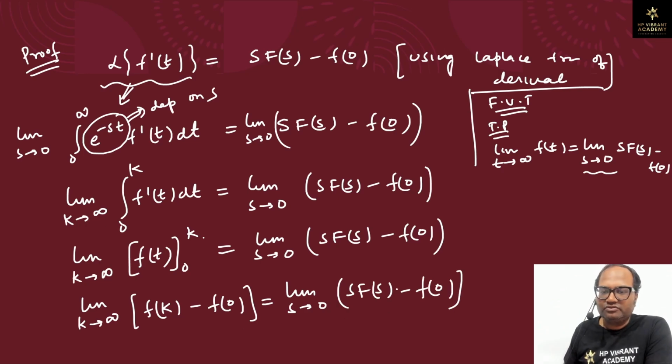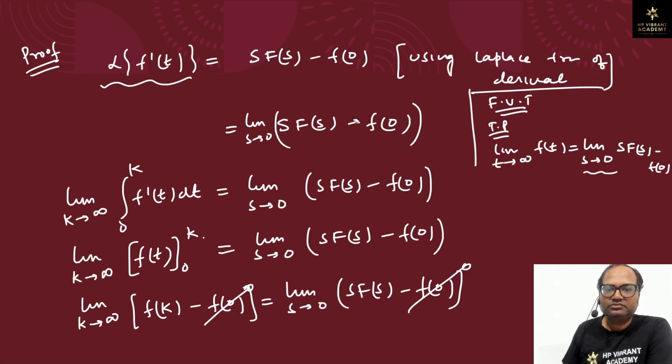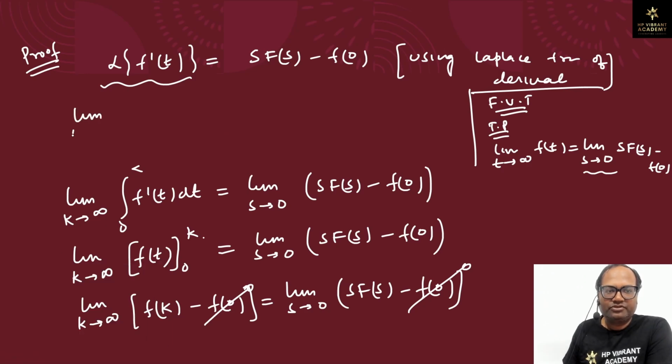Okay, so we can cancel f(0) on both sides. So now we are left with limit k tends to infinity f(k) is equal to limit s tends to 0 sF(s).